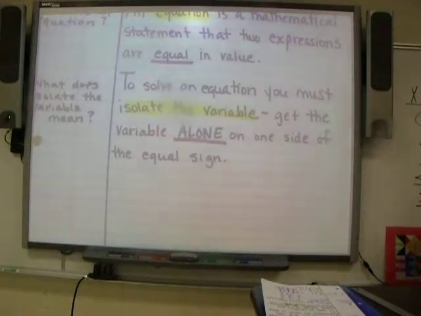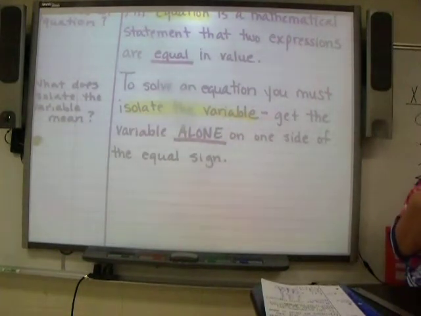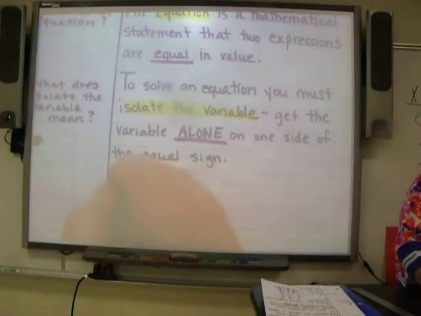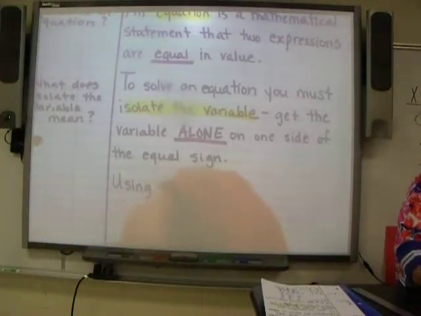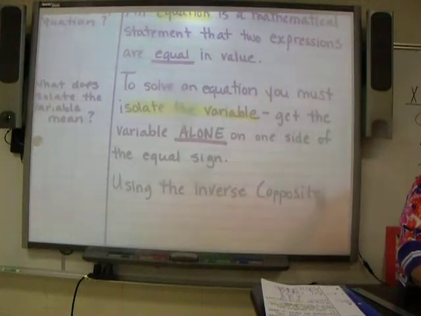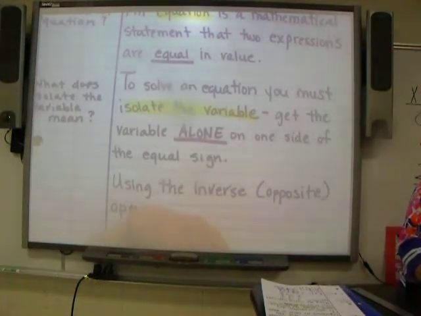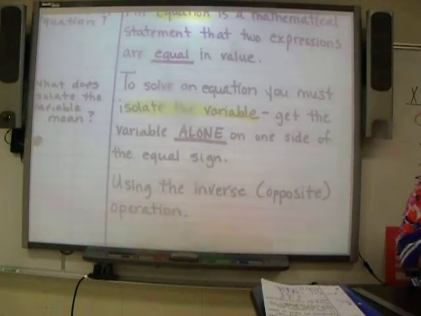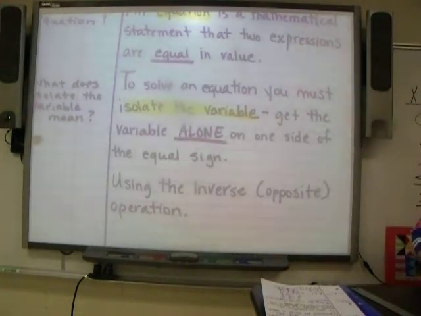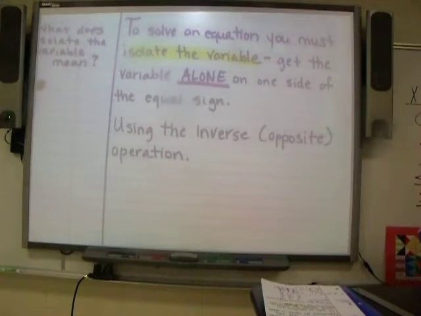We get the variable on one side of the equation by using the inverse operation, and inverse means opposite. We've already talked about this before.